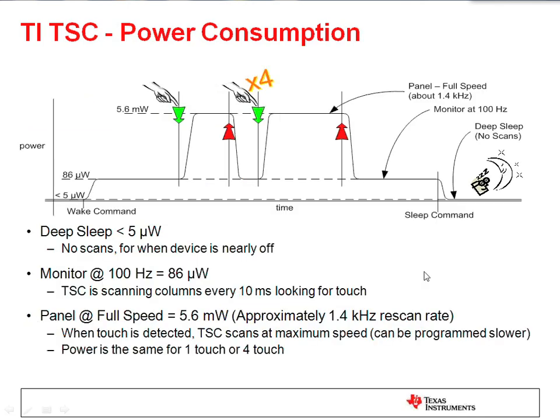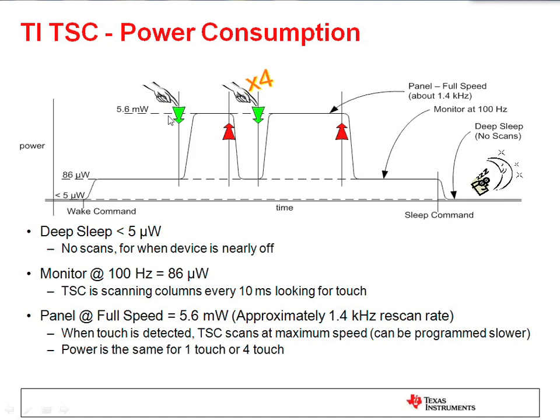And power consumption. This is actually a really great graph because it shows here the different power levels that we're working with. This is under typical operation, but you can see less than 5 microwatts in deep sleep. So no scans, nothing going on. Then when we're monitoring at 100 hertz, we move up to 86 microwatts. When a touch detection occurs, we're looking at 5.6 milliwatts of power consumption.